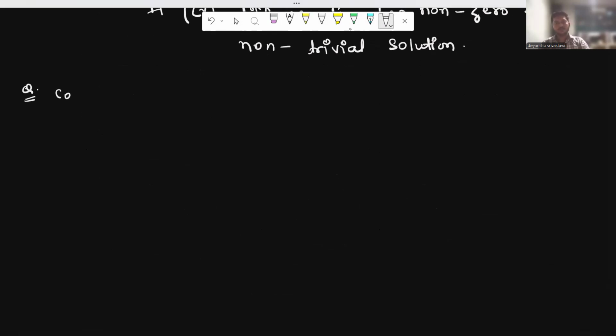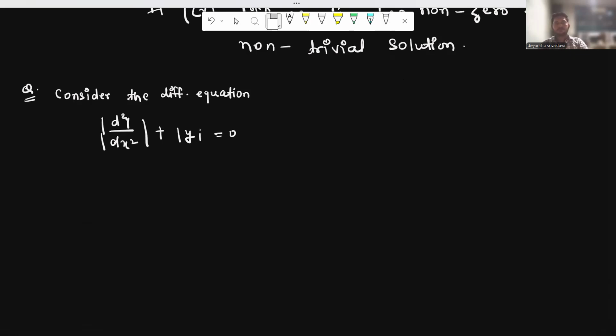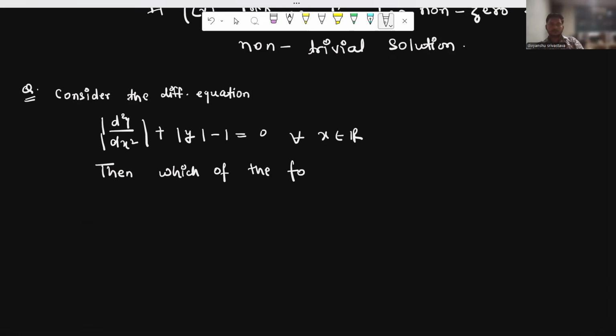The question is: consider the differential equation d2y/dx2 plus modulus of y minus 1 equal to 0, for all x belonging to R. Okay. Then which of the following is correct?